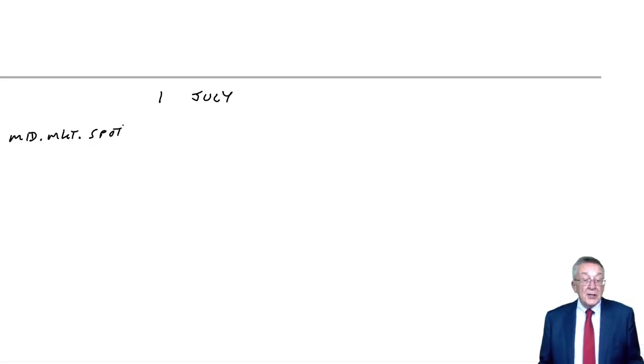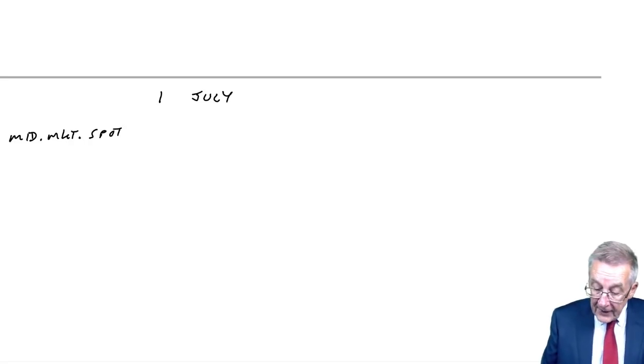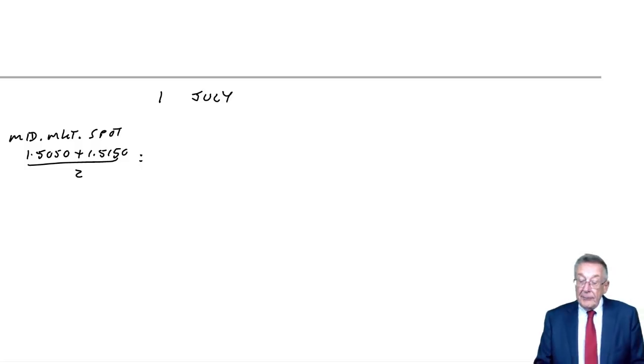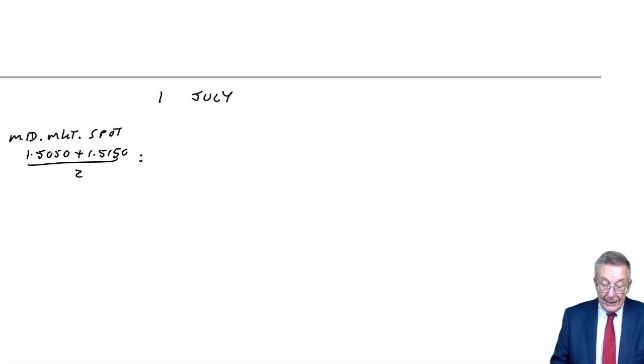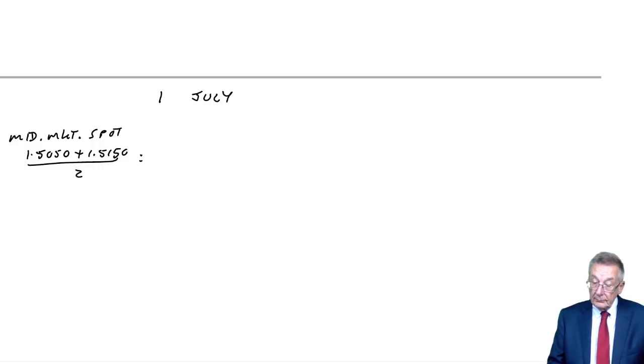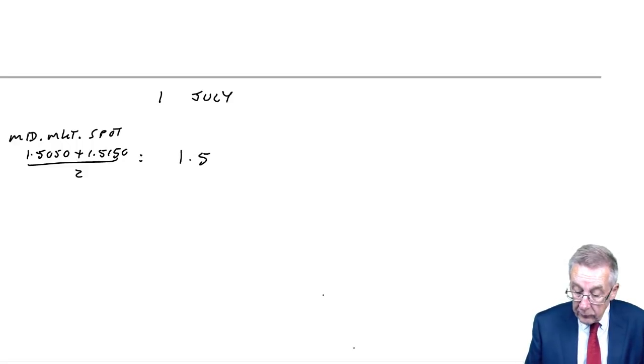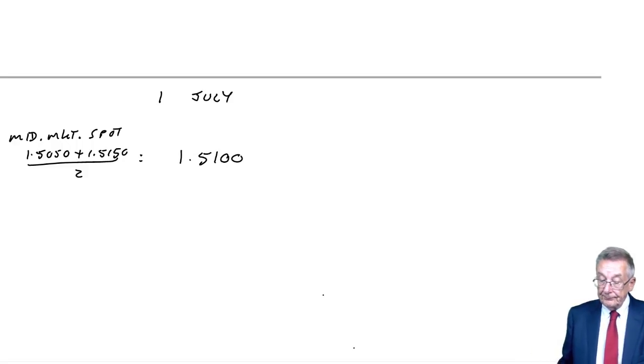We just add them up and divide by 2. So as of today, it's 1.5050 plus 1.5150, divided by 2. The average spot rate today is 1.5100.